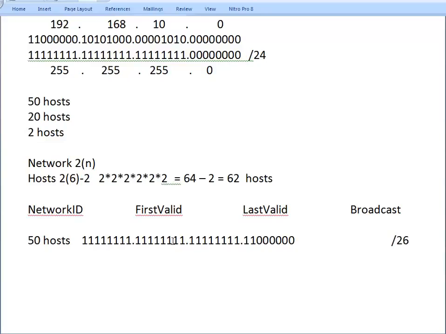Or I can say subnet mask will be 255.255.255.192. Okay, I need to fix these. 255 here, put them in the middle.